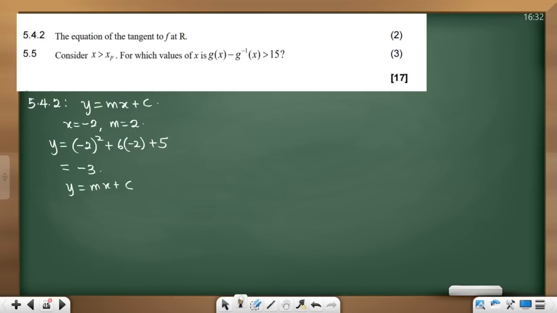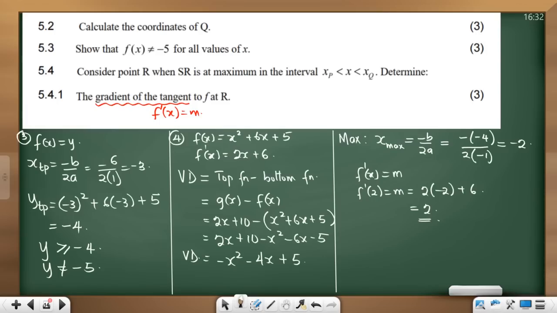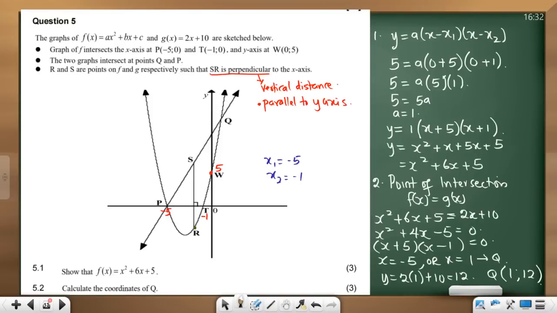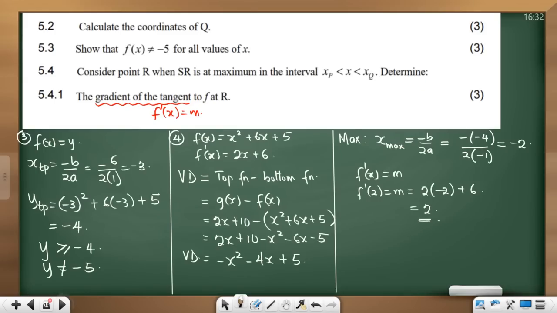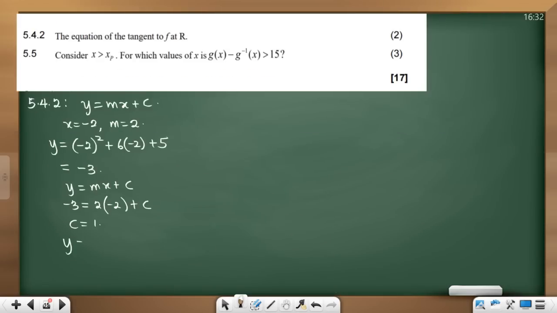What is my y value? Negative 3. What is my m? 2. What is my x? Negative 2 plus c. What is c? Negative 4 on the right. Move it, becomes positive 4 minus 3. 1. Alright. Let me see something there. Okay. Makes sense according to the graph. So what's my equation? Y equals 2x plus 1.